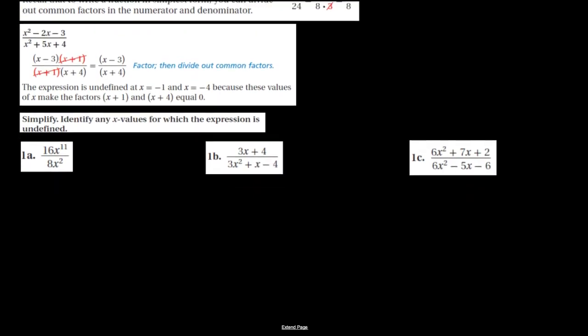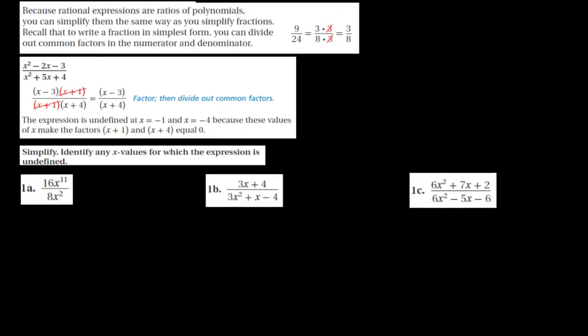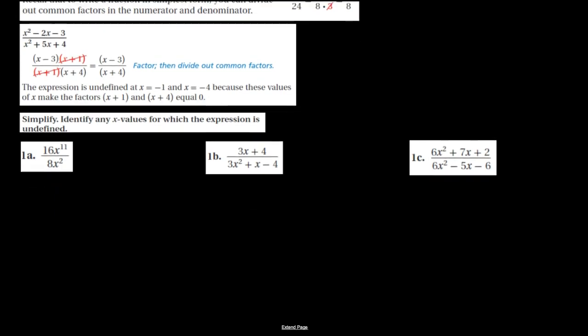So when we simplify any fraction, let's just say we have 12/20ths. Can you simplify that fraction, or is that in lowest terms?